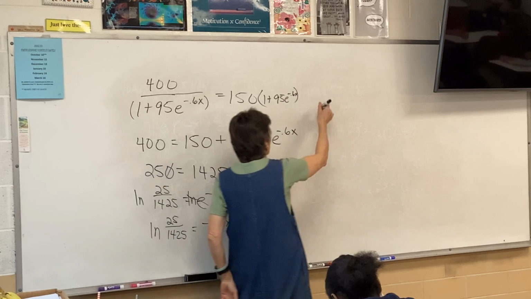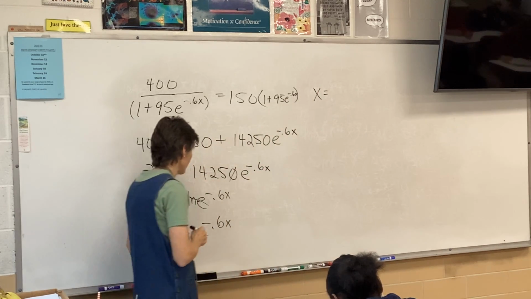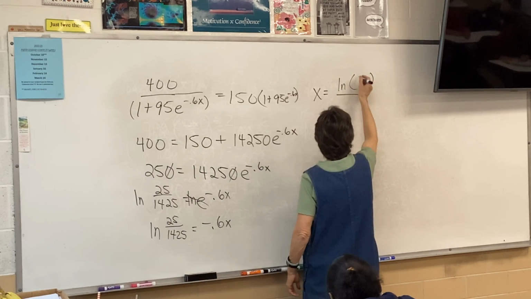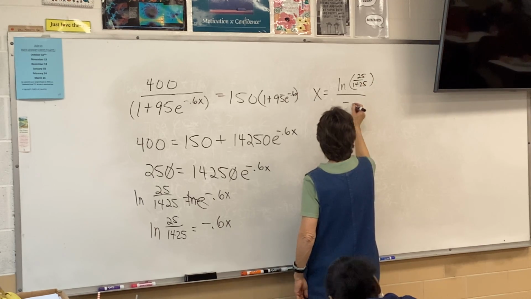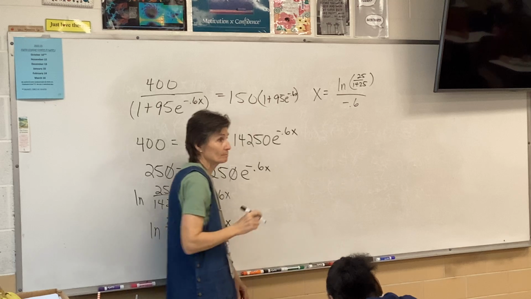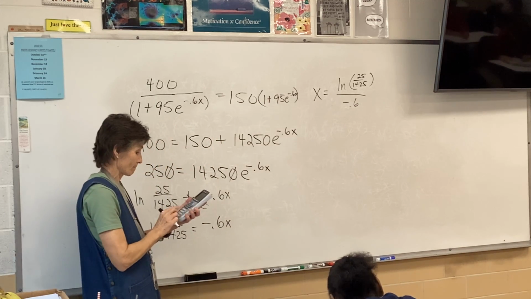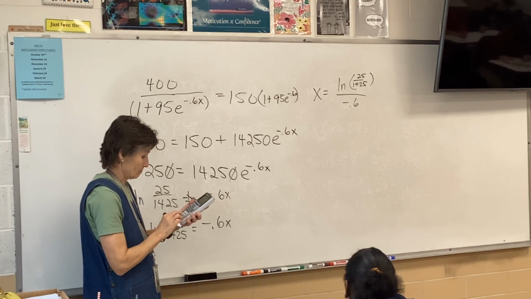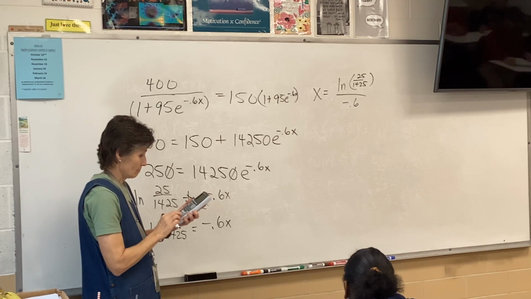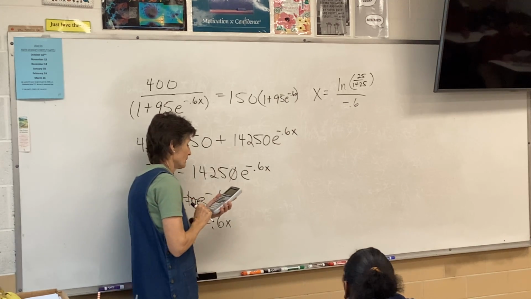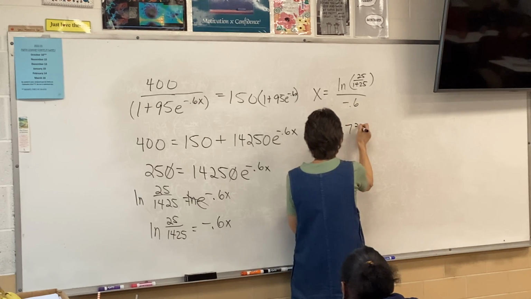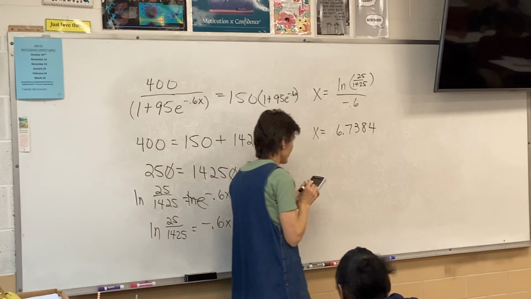So then x, which is the answer I'm looking for, will end up being ln of that fraction divided by negative 0.6. Would you agree with that? And then rounding that off, I got 6.7384.